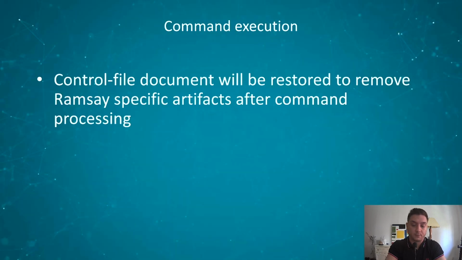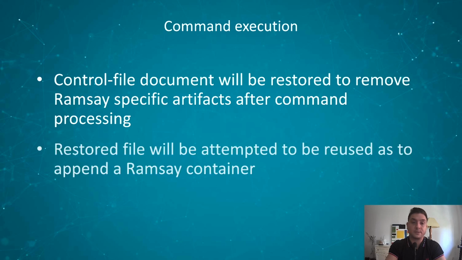Right after Ramsay processes each control document, specific artifacts related to the control file document will be removed. These artifacts are the GUID, the signature, and the artifact dependent on the command type. This is done in order to remove the fingerprint of control documents.